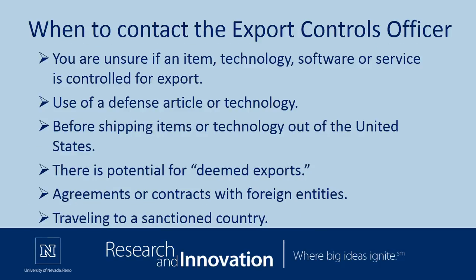To prevent violations, here are some examples of when you should contact the Export Control Officer in sponsored projects. When you're unsure if an item, material, technology, or software you're working with or creating is controlled, it's not always easy to know if something is controlled for export, so it's best to check if you suspect it may be. If your project requires access to or use of a defense article or technology, before shipping items or technology out of the U.S., an item may be controlled for export to one country and not to another.